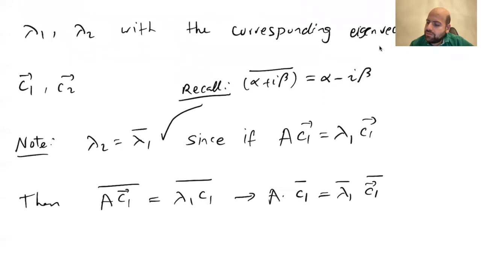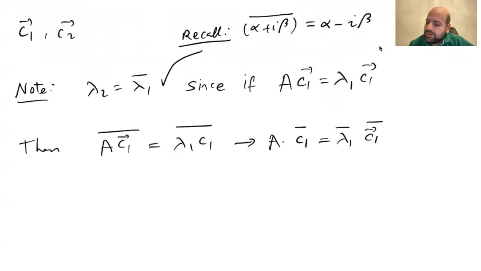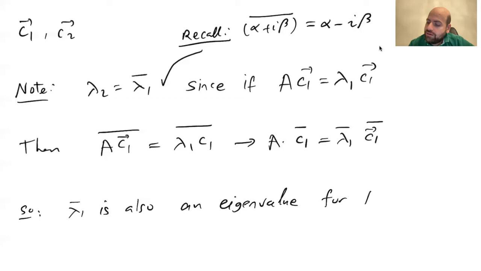That means lambda 1 bar is also an eigenvalue for A with the eigenvector C1 bar.